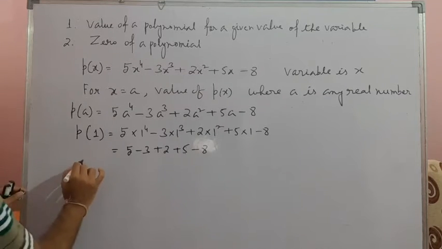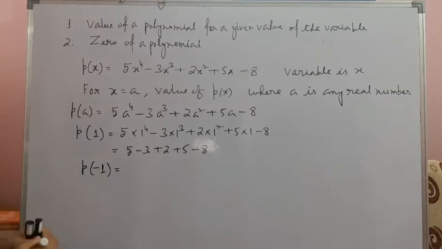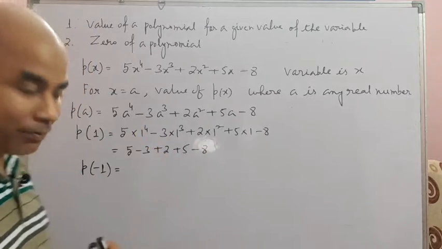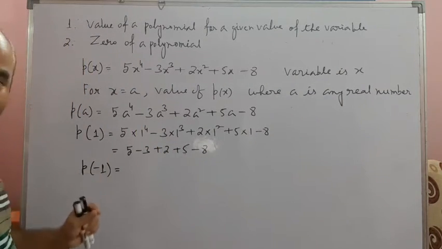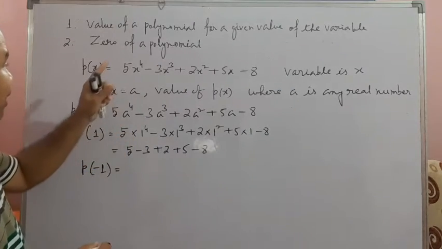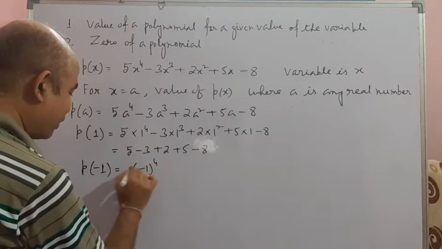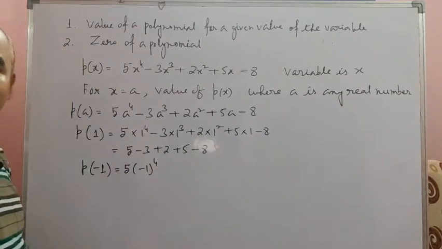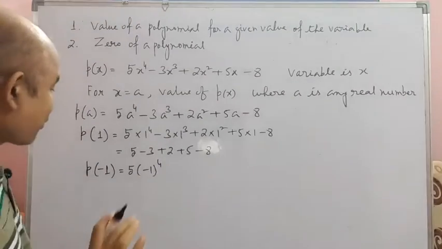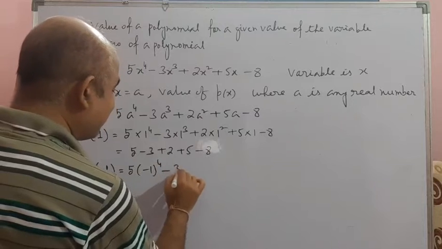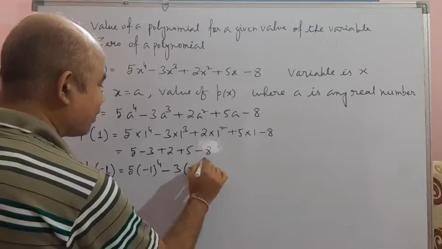Next, suppose we want to find p(minus 1). That means in place of x, we write minus 1. So x to the power 4 is now minus 1 to the power 4, and 5x to the power 4 is 5 into (minus 1) to the power 4. Then minus 3x cube, with x cube now (minus 1) cube.